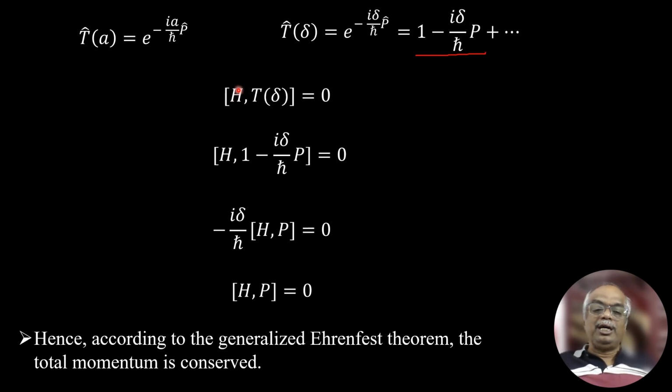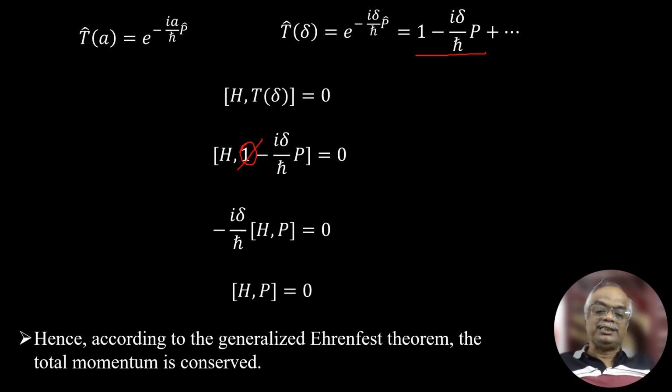Then, just now we have seen that H and T commute. Here I have taken H and T of delta, the infinitesimally small translation, whose commutator is equal to 0. So I am taking T of delta, only the first two terms, 1 minus i delta over h cross P. It is well known that the number 1 will commute with H, so you can remove it.